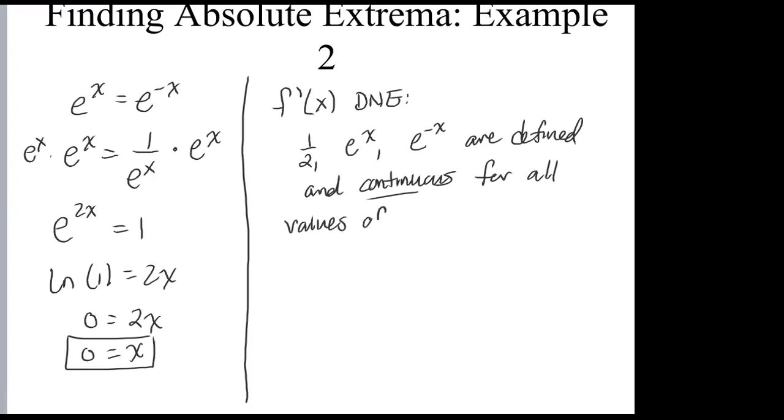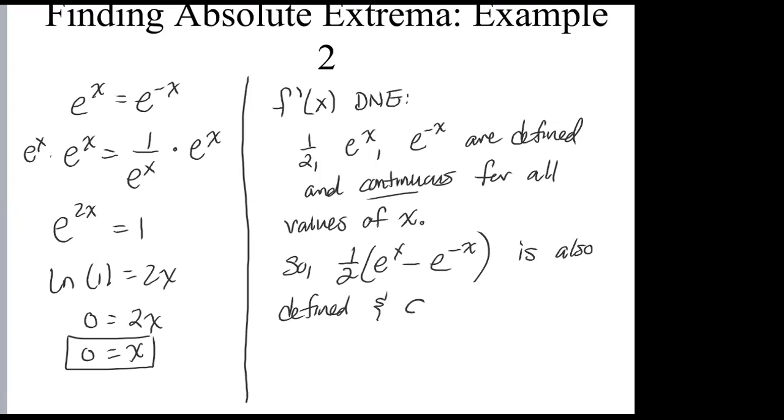All values of x. And I had a theorem in the first chapter that said the combination of continuous functions is also continuous. So 1/2 times e to the x minus e to the negative x, which is a combination of those functions, is also defined and continuous for all values of x.